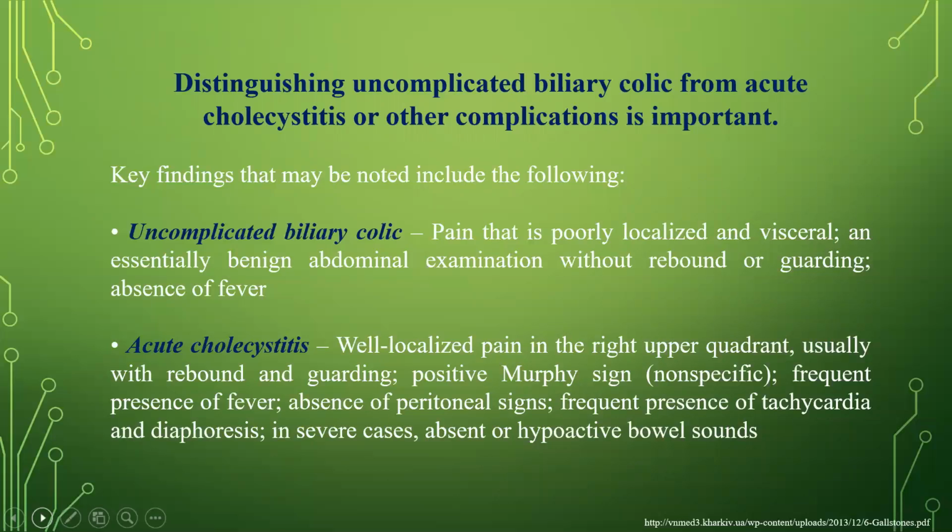Absence of peritoneal signs means the patient has no severe complication, as for example gangrene of the gallbladder. Frequent presence of tachycardia and diaphoresis, and in severe cases, absent or hyperactive bowel sounds.